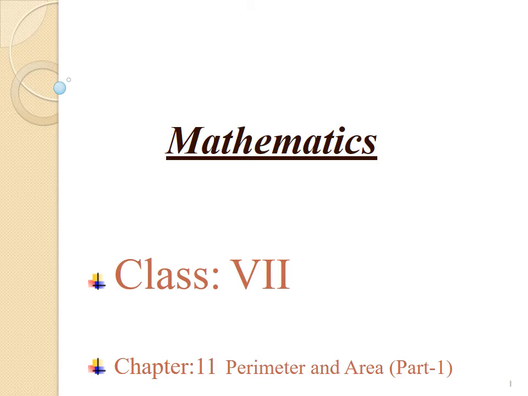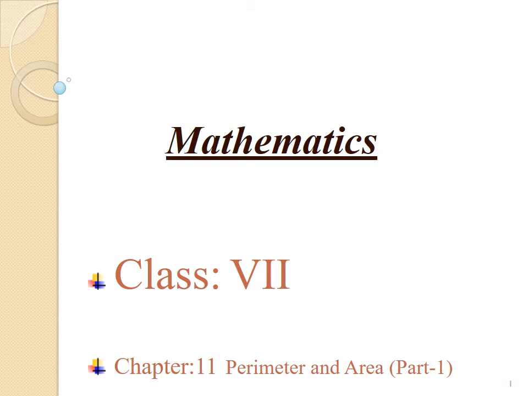Perimeter is the distance around a closed figure, while area is the region enclosed by the closed figure. In this class, we will review all these and learn about perimeters and areas of a circle, triangle and parallelogram.